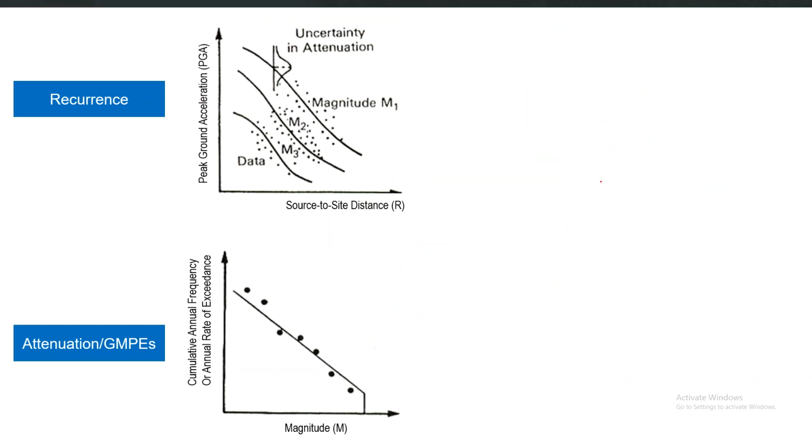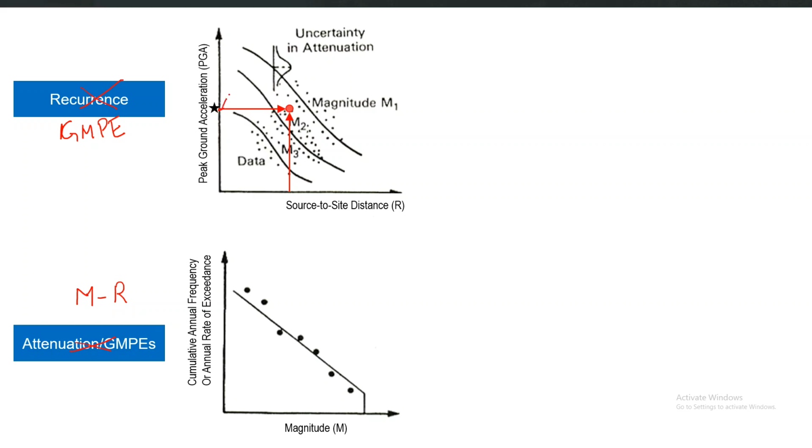So these are those 4 steps. The idea is that we have already selected the attenuation model, the GMPE, and we have the MR relationship already for each of the seismic sources. Now we will start the process of constructing the hazard curve for our site by selecting a PGA value.